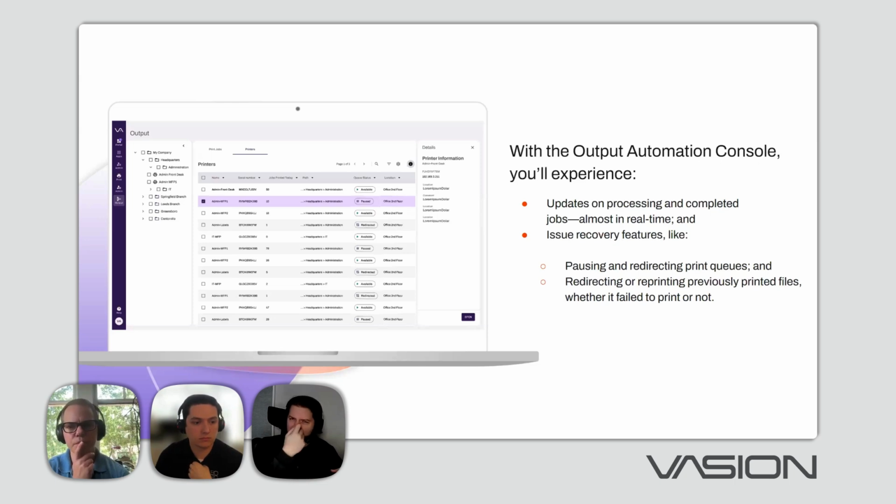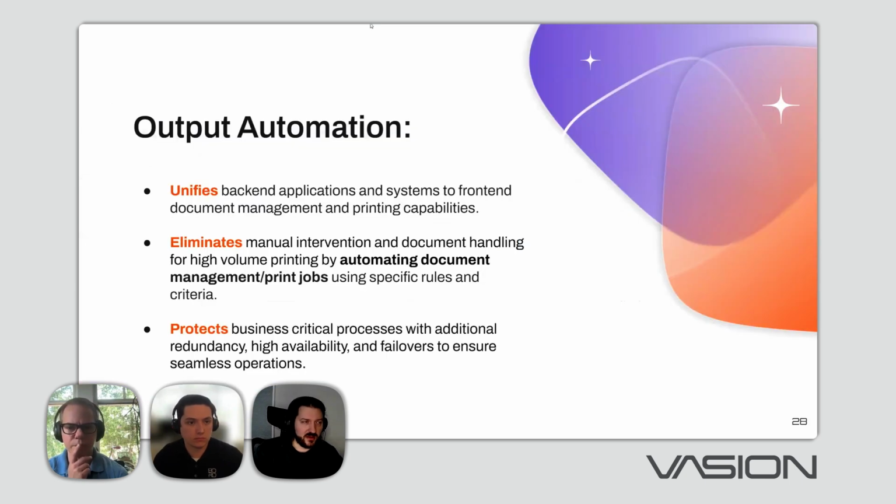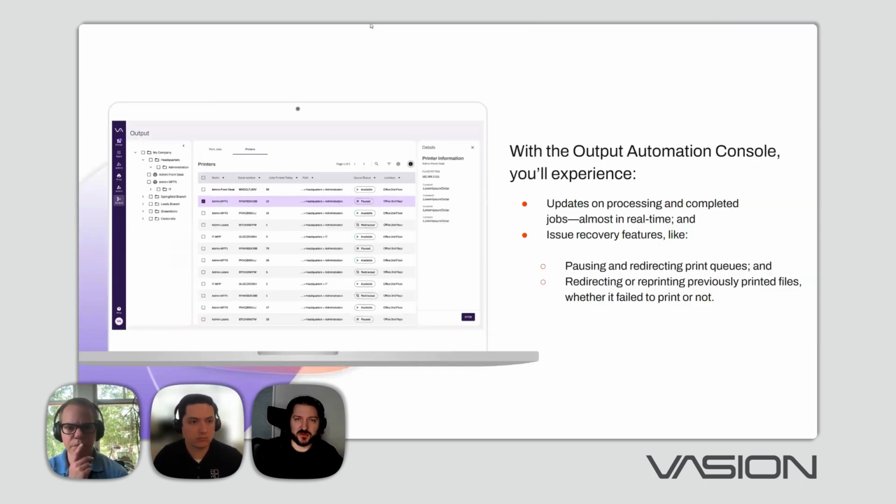I think it's 48 hours, so maybe 24 by default, but it's configurable. So say we send a job and it failed, you can come back, select it, and either send it to a different printer or the same one, and just restore the job from that standpoint. So that is available in beta, and we would love for anyone to sign up for that.